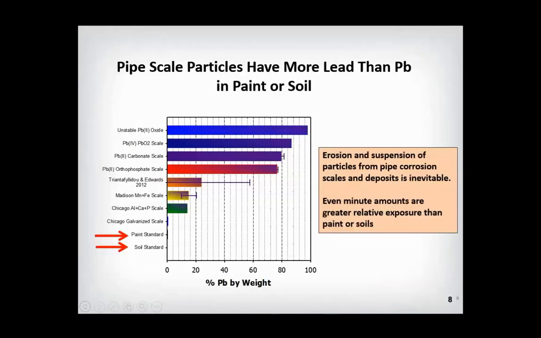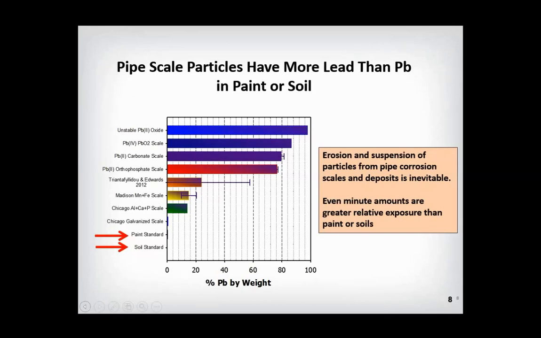The other reason why we're concerned about lead particulates is if you look at the percent lead by weight in different scales. For instance, the protective films that we try to make to reduce lead solubilities are composed mostly of lead. And the standards that require remediation for lead paint and lead soils are infinitesimally small compared to the routine levels of lead you find in these particulates that make up the scale.